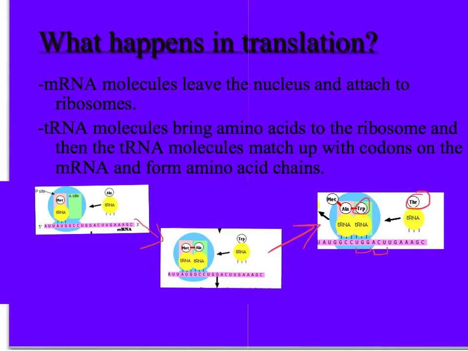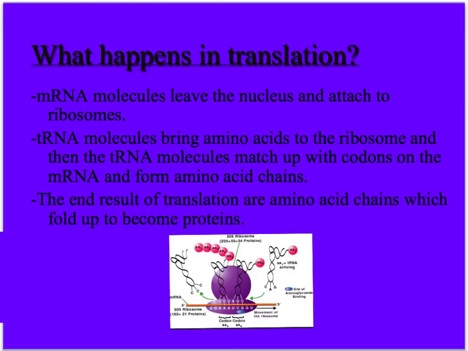And again, amino acids are the building blocks of proteins. So you're forming an amino acid chain. An amino acid chain is just a long strand of amino acids attached together. The end result of translation is an amino acid chain, and that folds up into proteins.